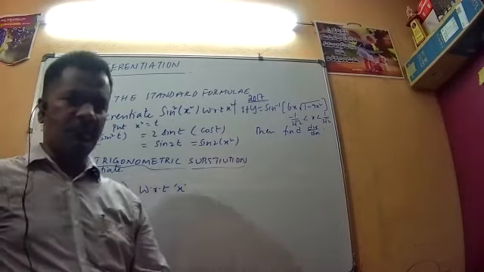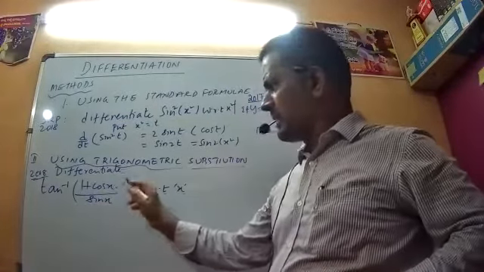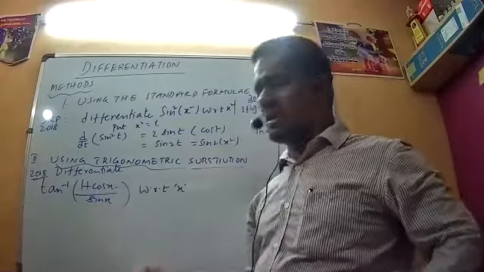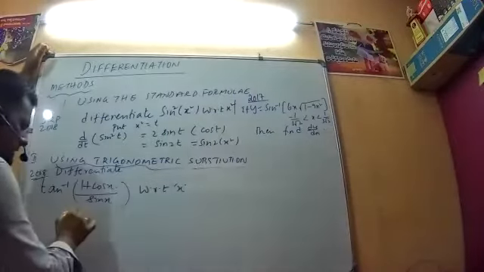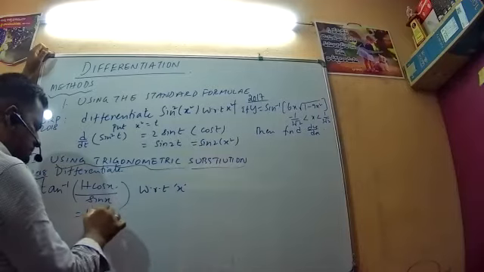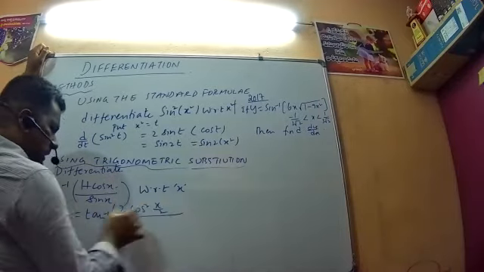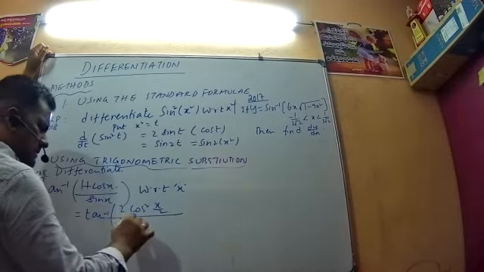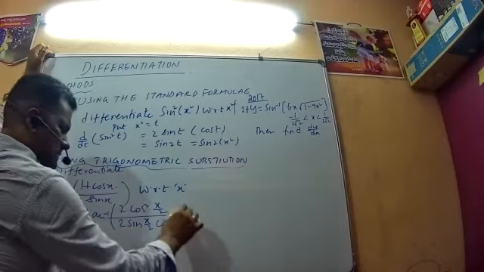How to solve this? If you remember the formula of 1 plus cos x in submultiple angles, which is given as 2 cos square x by 2, and sin x is, in terms of submultiple angle, 2 sin x by 2 cos x by 2.